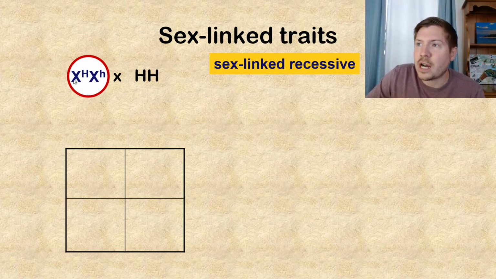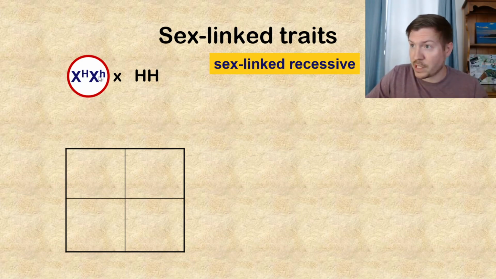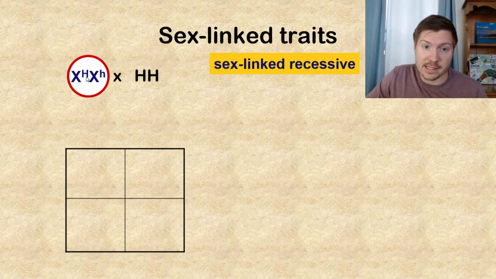So here, I would write this. This is a female who has one normal allele and one allele for hemophilia. All right, I know it's a female because there's two X chromosomes, and the way we represent the alleles is superscripts, okay? The little letters, they look like exponents, attached to the X.